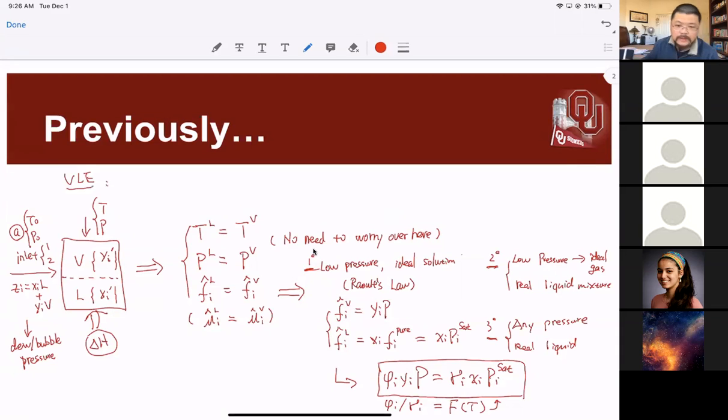The main point here is that we try to redistribute molecules with phase change.